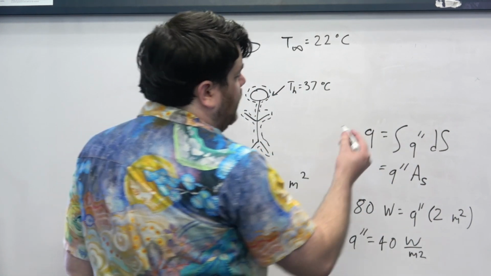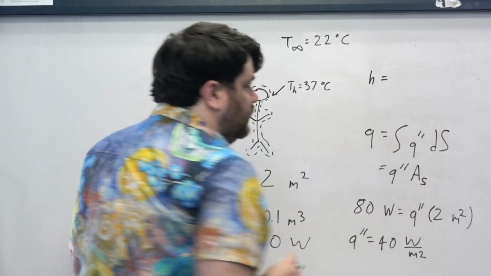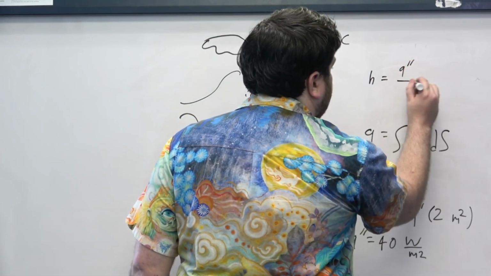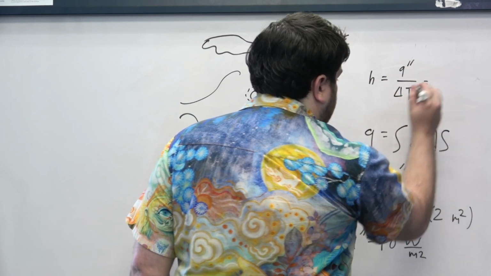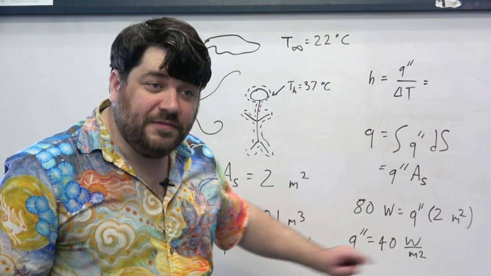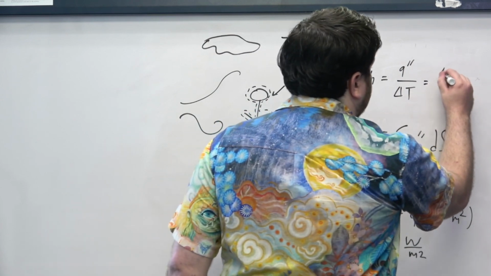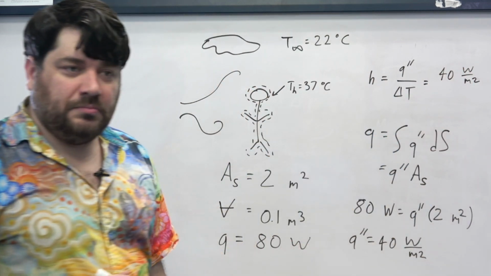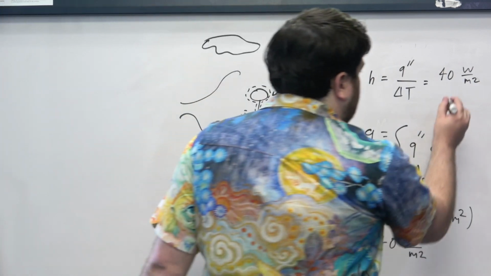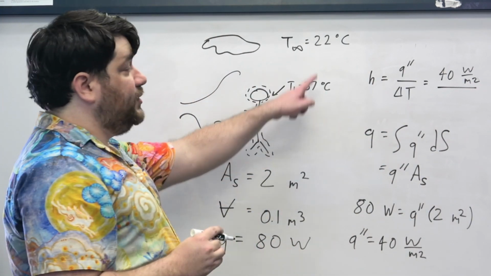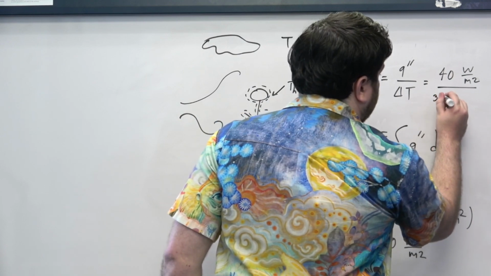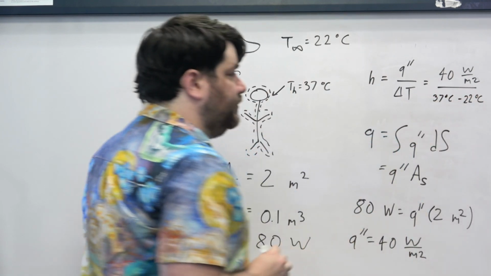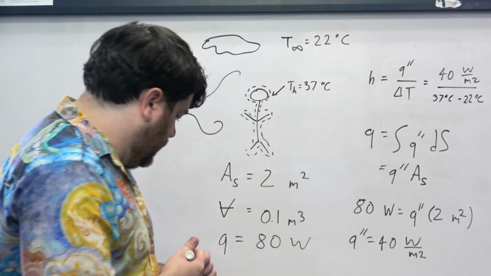We go and we say, well, H, if we move stuff around, is just the ratio between the heat flux and the difference in temperature, right? We know that the heat flux from what we calculated before was 40 watts per meter squared. And then we're dividing by this temperature difference, right? So by 37 degrees Celsius minus 22 degrees Celsius.